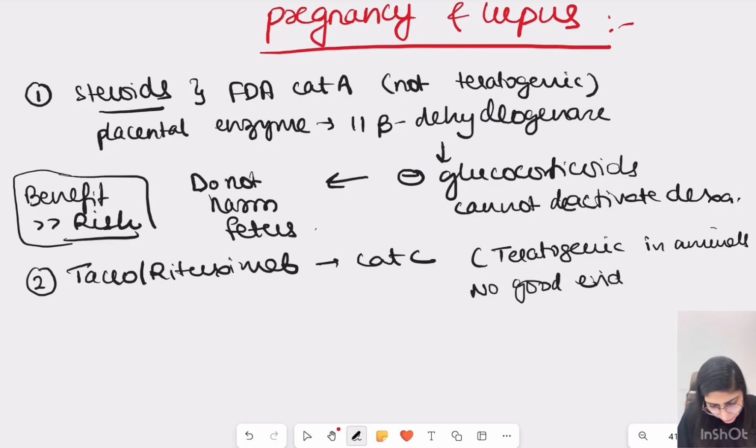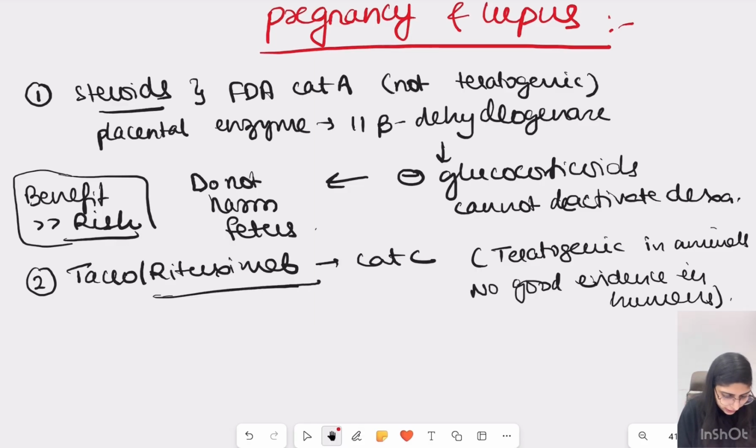That is category C. So if there is a refractory SLE patient in flare and you have to do induction, you have to decrease those antibody levels because the process is rapidly progressing, you can give the patient rituximab.